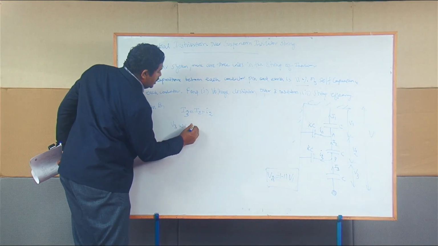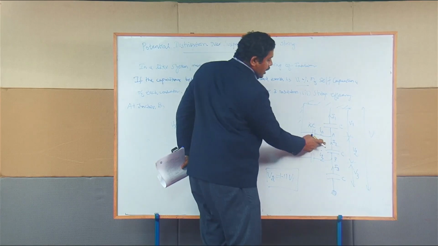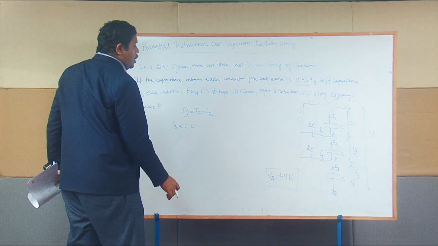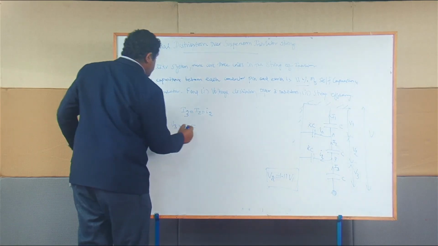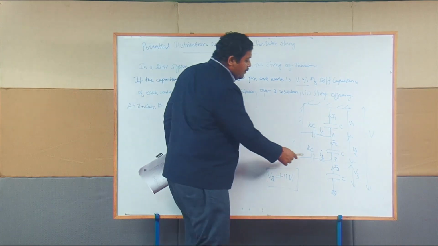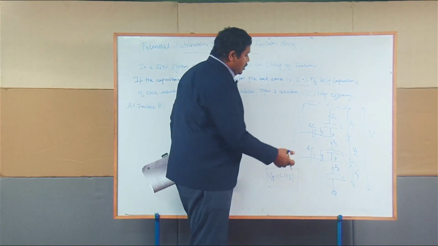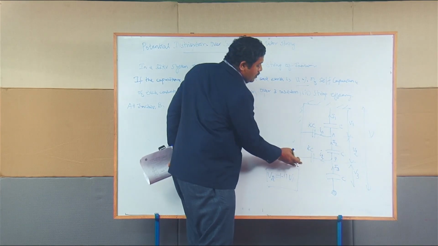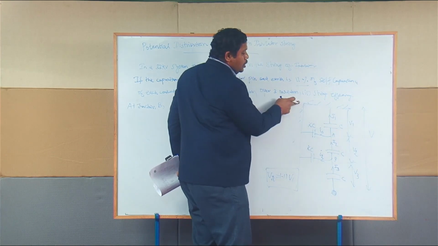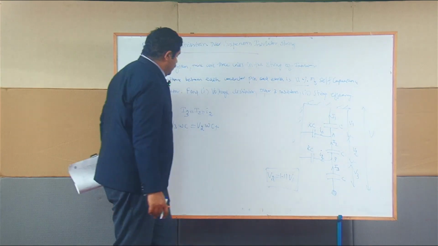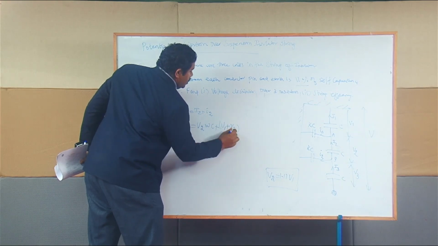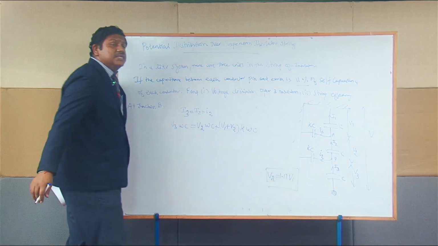So V3 omega C is equal to I2, the current flowing through this middle capacitor, which is V2 omega C plus the shunt branch current. The important thing while considering the effect of shunt capacitance: the shunt capacitance branch is connected through the tower. So the voltage distribution will be taken up to the top point. So for I2, it is V1 plus V2 into K omega C.